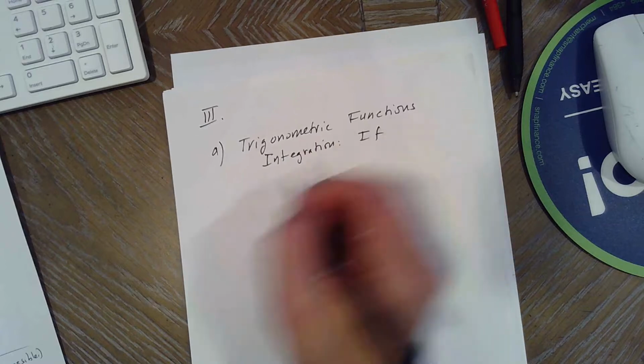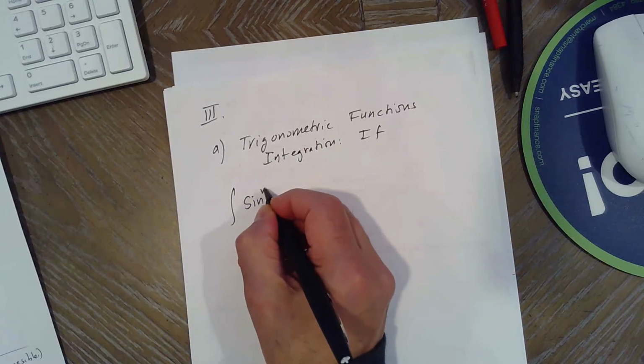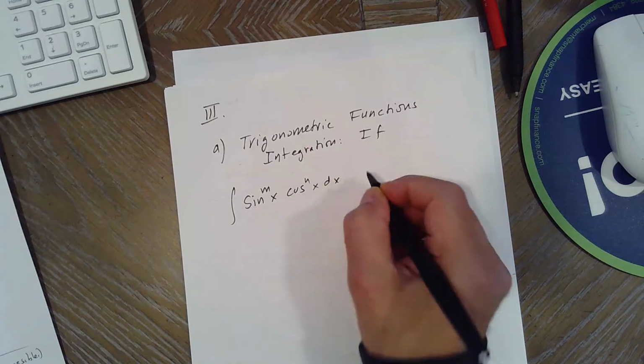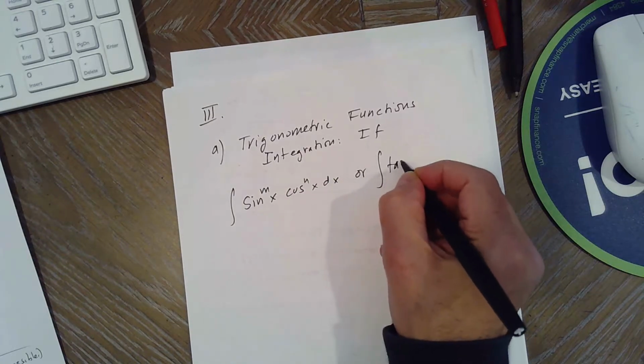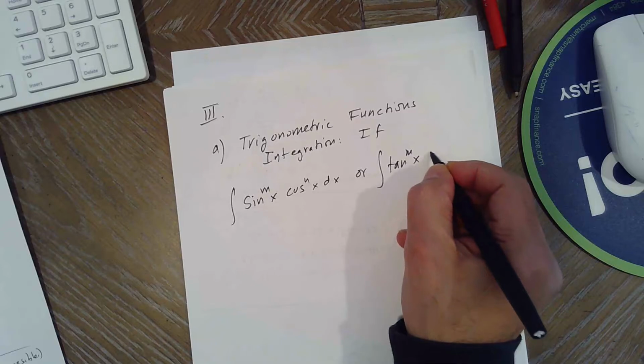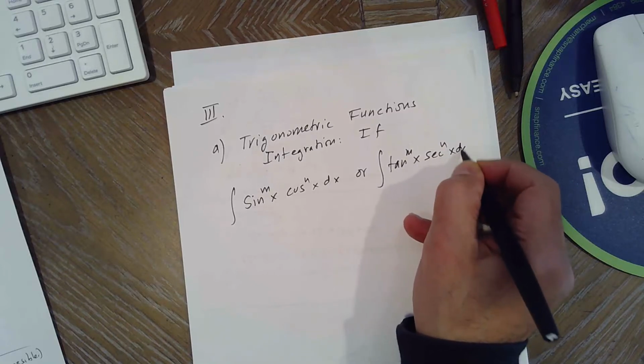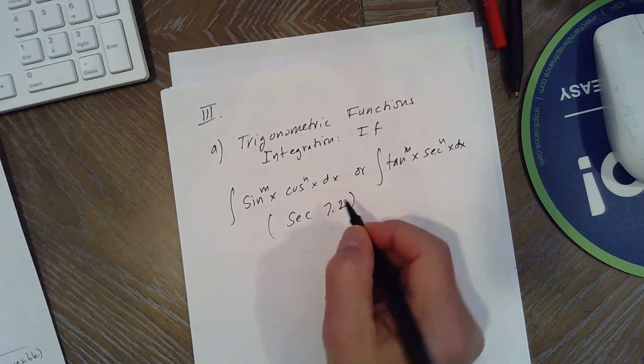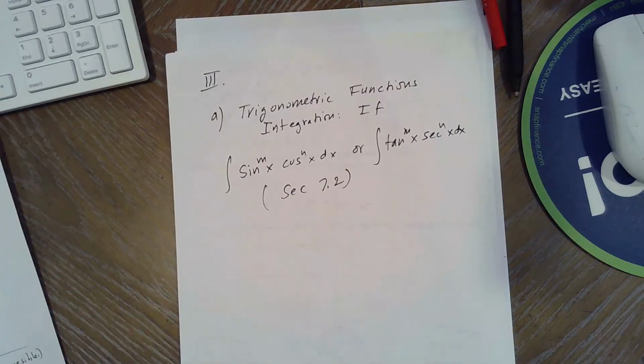So if your integral is sine mx cosine nx dx, or it's integral tangent mx secant nx dx, that's what we did in 7.2. So you go back and look at the handout from 7.2 and follow that.